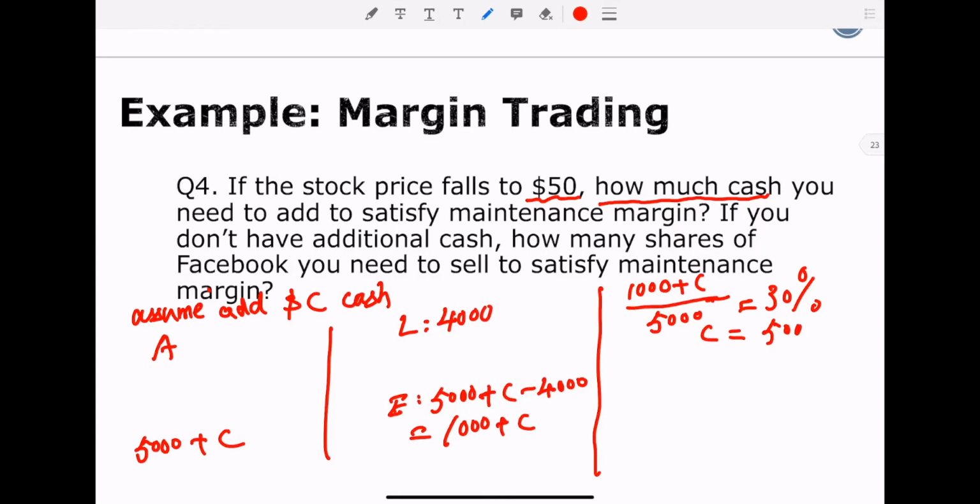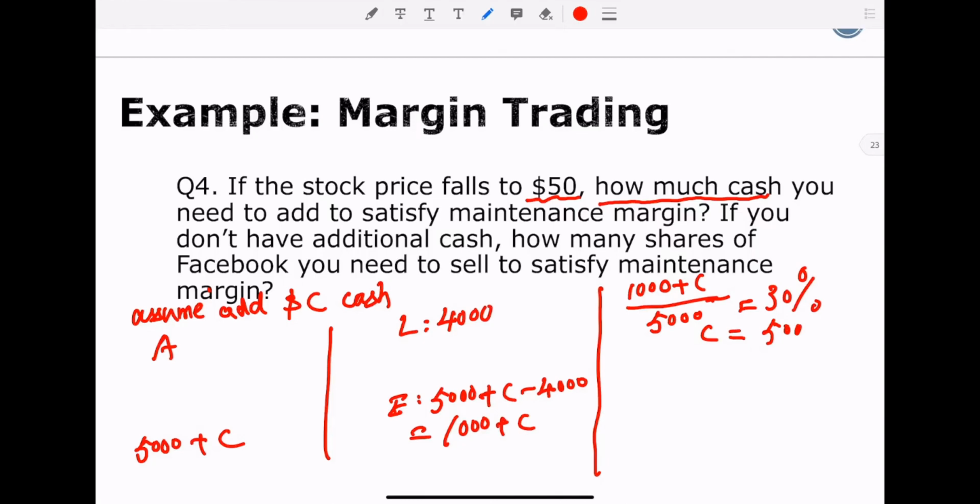By the way, you can see that when you're calculating margin, the percentage margin is always the equity in your account divided by the value of your stock, right? It's always like this.